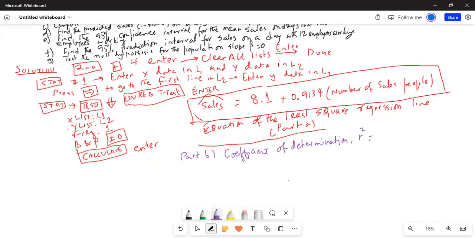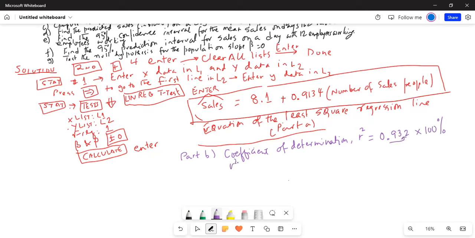Now only for R square we will multiply it by 100%. So R square is 0.932. Only for R square we multiply it by 100%. That will shift the decimal 2 places to the right.